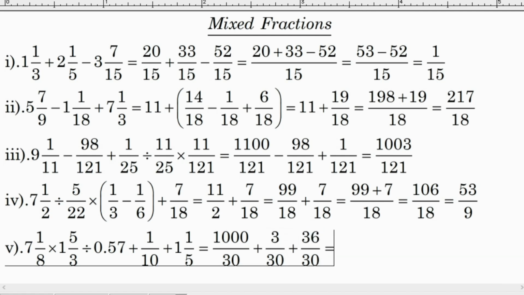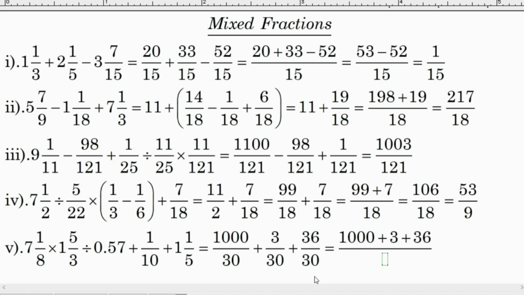So then equal to 1000 plus 3 plus 36 divided by 30 equals 1039 divided by 30. Then that is the final answer.